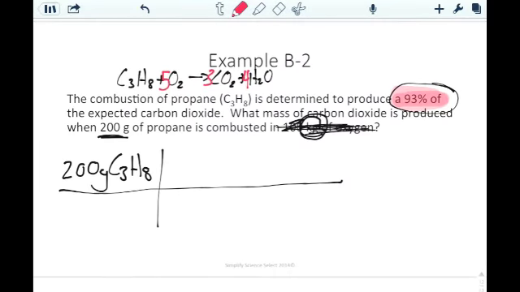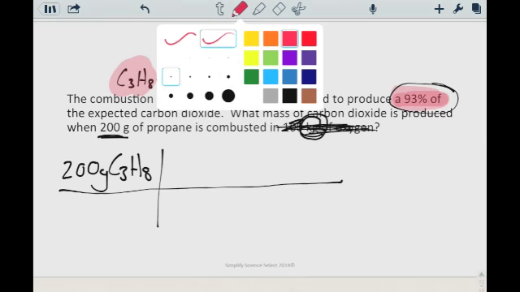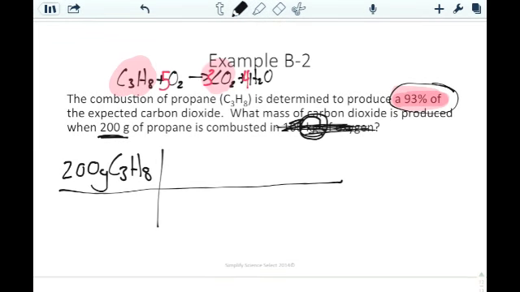So when we're working this out, all we're doing is trying to find the expected carbon dioxide. You can think of it this way: we're going from our 200 grams of this to our carbon dioxide, and we can skip the step where we find out how much is in the reaction, because we already know that the 200 grams of propane is the limiting reactant. So from here it's just a gram to gram conversion.